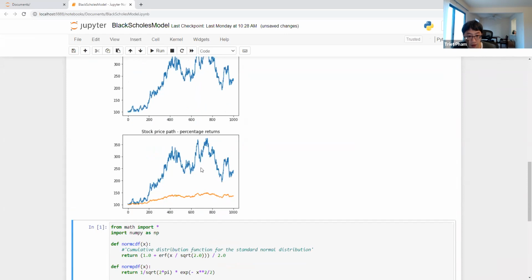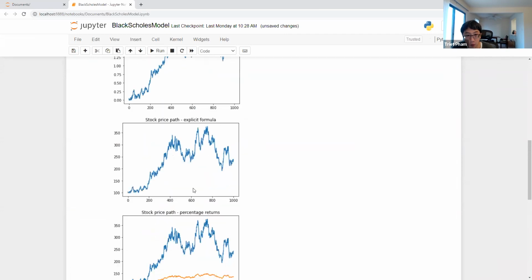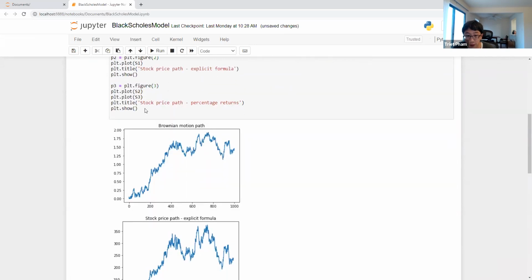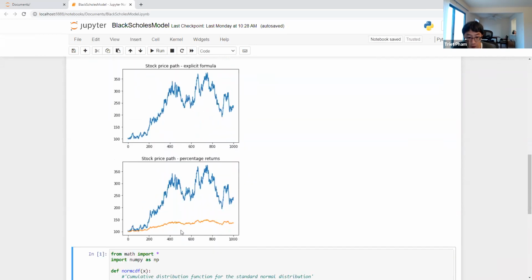This is a high volatility stock, and notice the old one is still at 0.2, while this one has 0.8 volatility, 80% volatility. Over this investment period of maybe one year, this high volatility stock has really good returns and beats out this one. But of course, it's high risk.